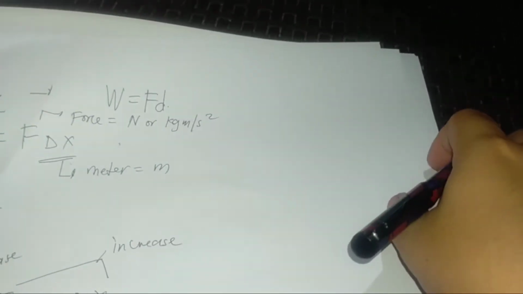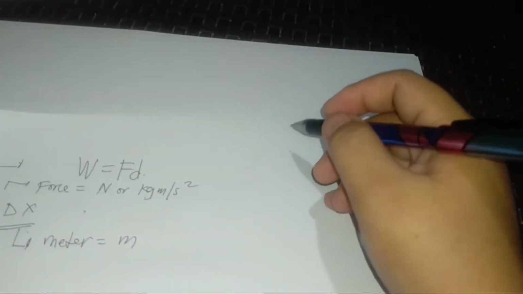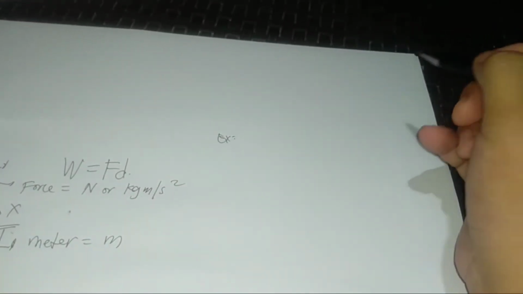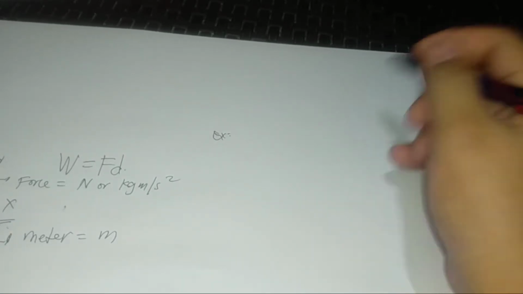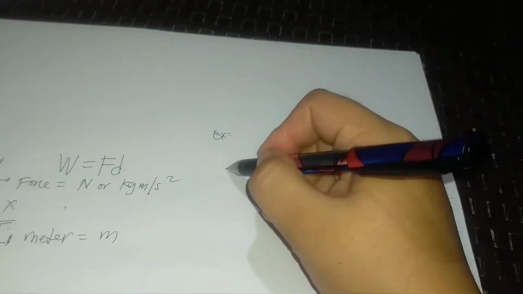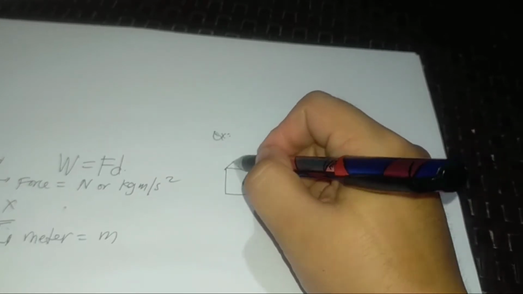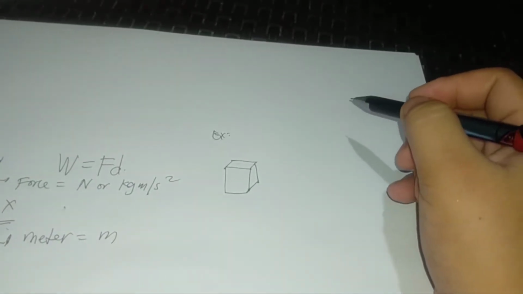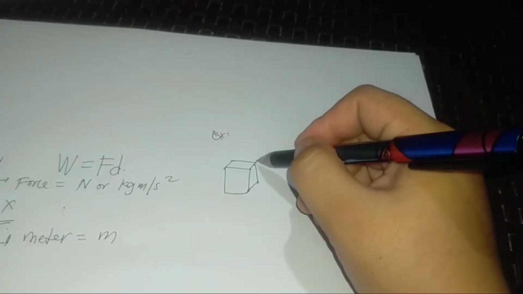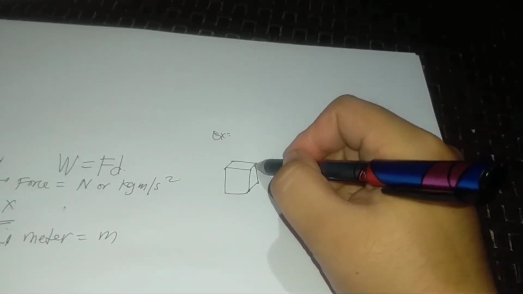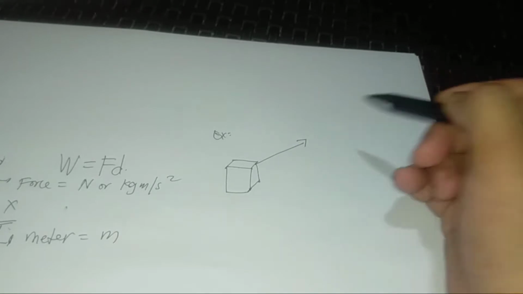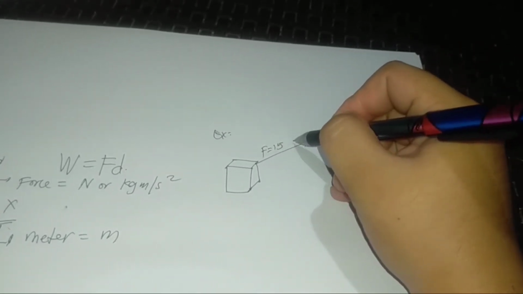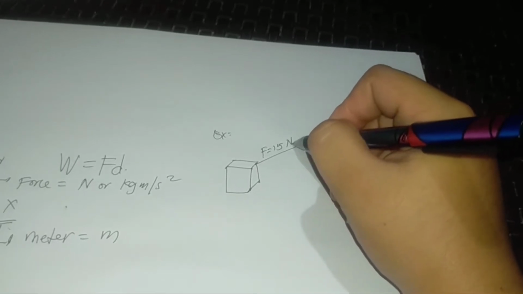Okay, so let's have a simple example. I will just draw an illustration. For example, we have here a box. Then I pull this box in this direction, exerting a force equivalent to 15 Newton.